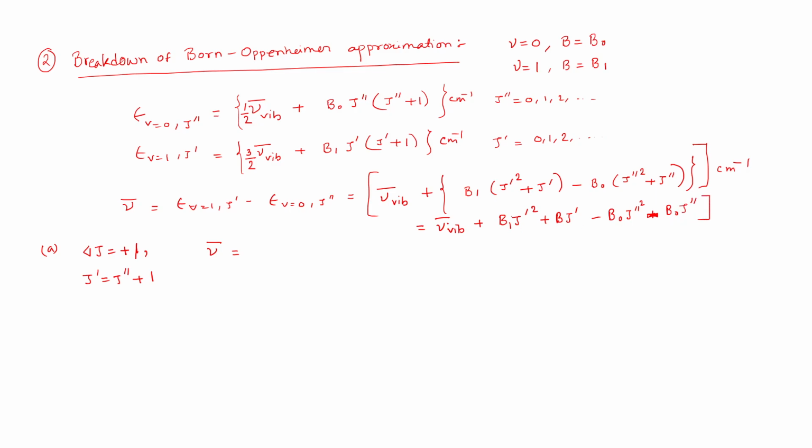That's what you are saying? Yes. Okay, so let me do that. Vibrational plus B1 J prime, which is J double prime plus 1, that square. Right?